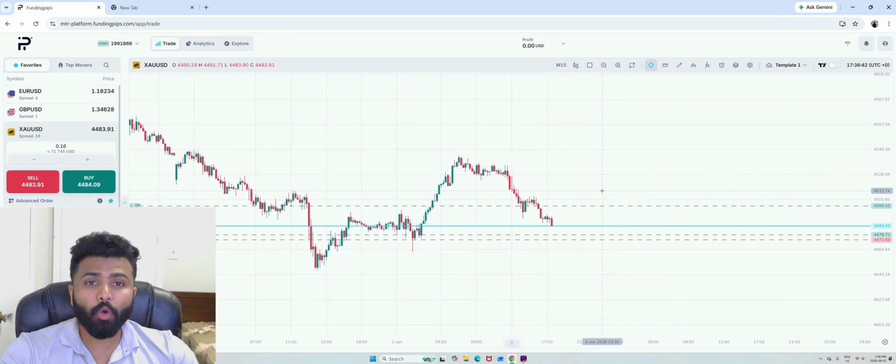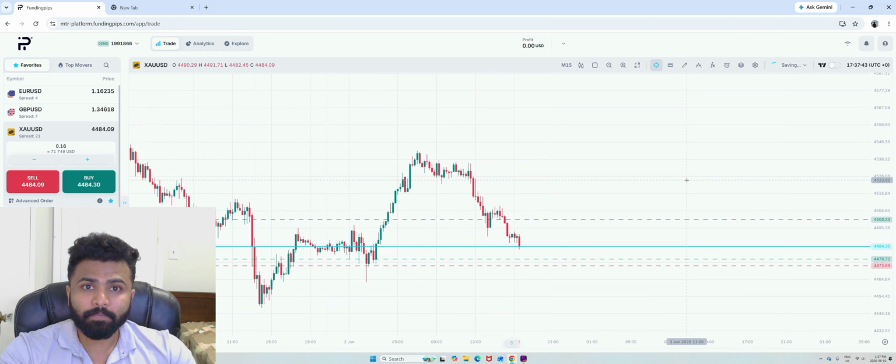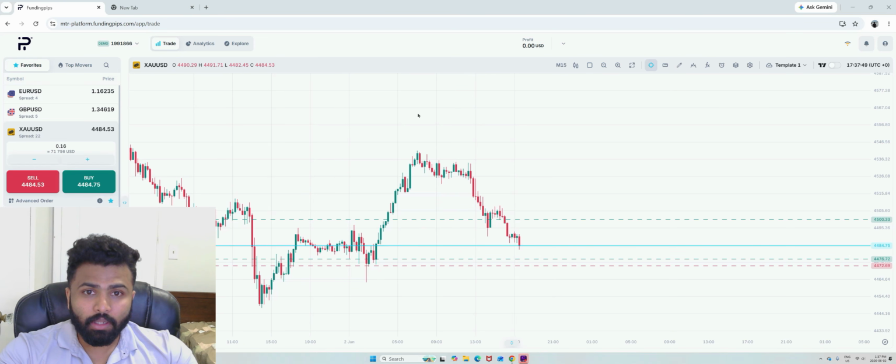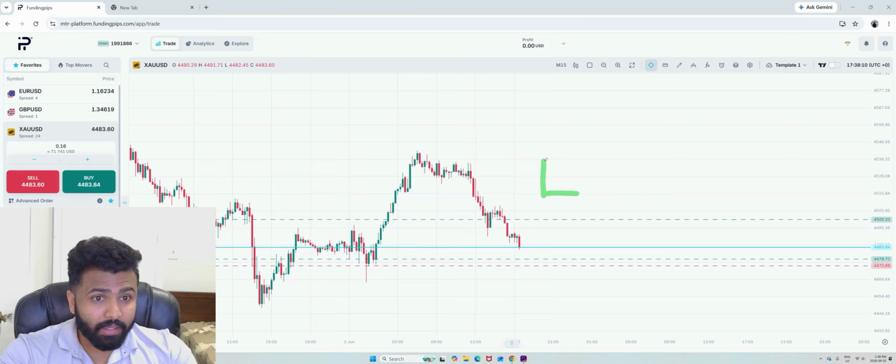So in here, I'm going to use a gold chart. Let's start with how a candle formation happens. For example, if it's a green candle, let's say the market opens right here and then it goes up like that, and then the market closed at this point.